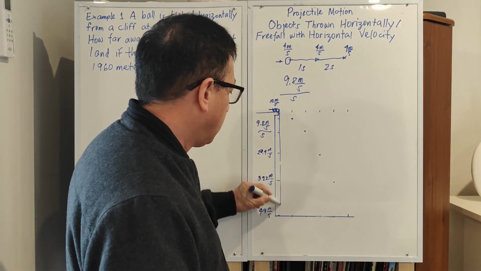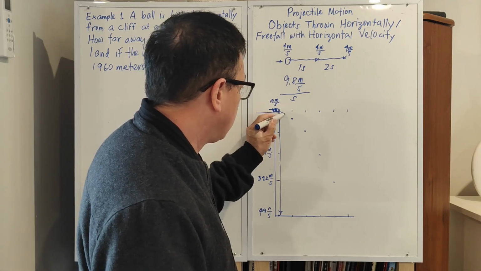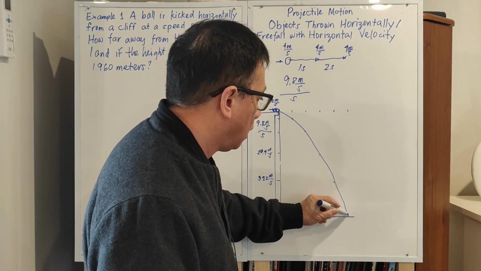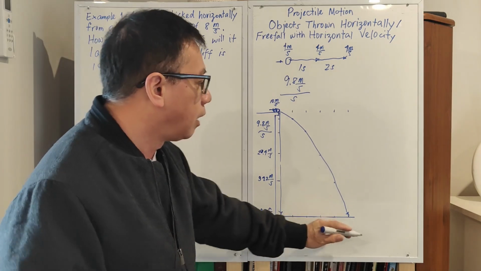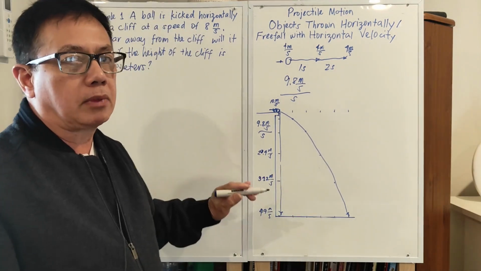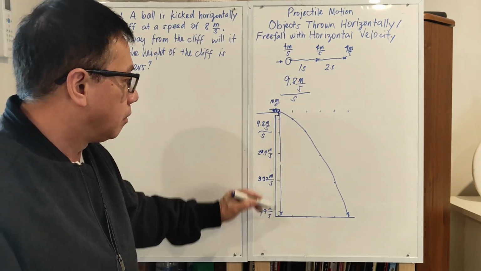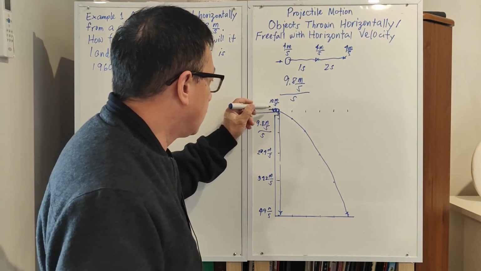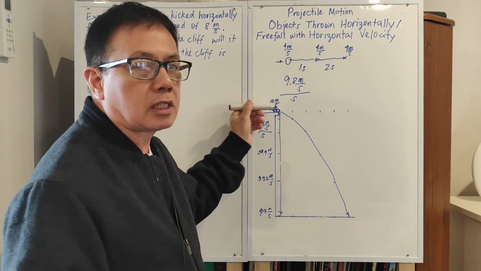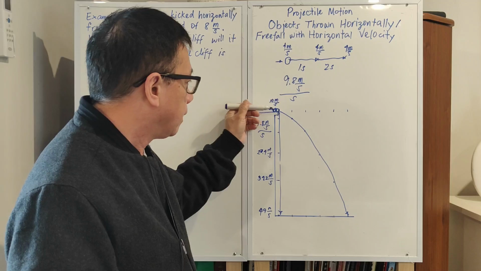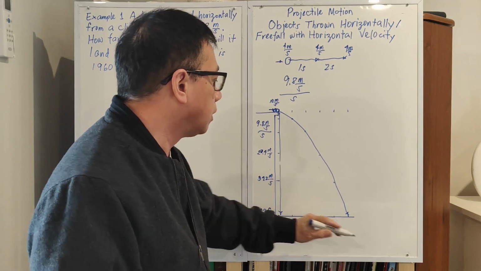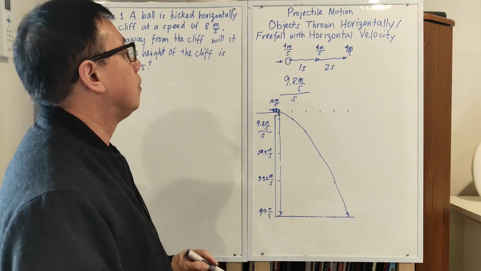One is going down, one is going this way, they will be reaching the ground at the same time. So regardless of the horizontal speed, they will reach the ground at exactly the same time.